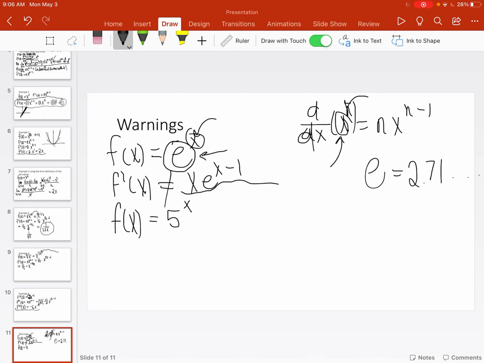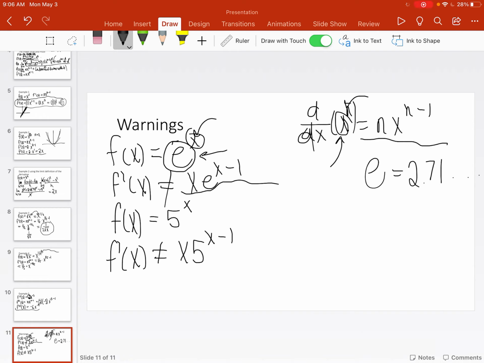Functions like f of x is equal to 5 to the power of x. The derivative of this is not x 5 to the x minus 1. We will discuss how to take derivatives of these in a later video, pretty soon actually.